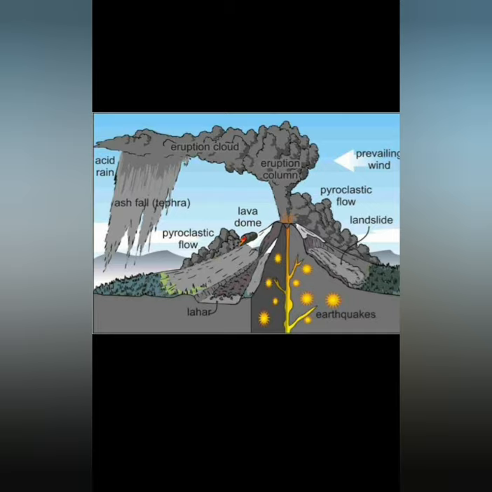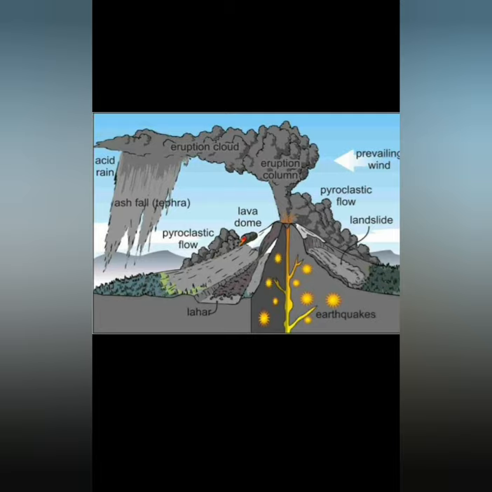The effects of volcanoes. First, the constructive effects. Volcanic material that comes out of the volcanoes enriches the fertility of the soil and promotes agricultural activities. Volcanoes emit a large amount of geothermal energy, which is helpful for us to use in many ways.